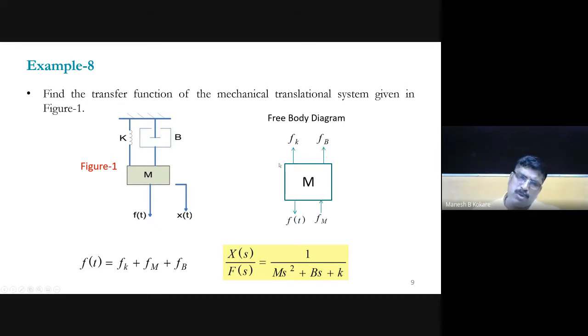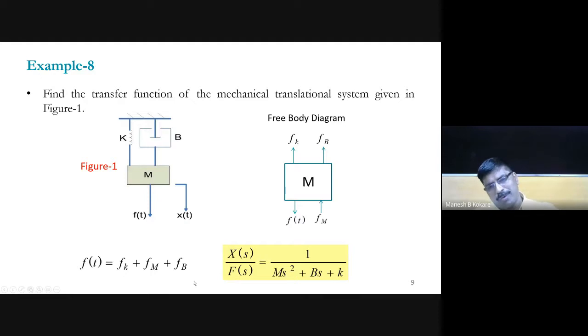So as per the force equilibrium equation, the total applied force F(t) must be equal to the total reactive force, that is Fk plus Fm plus Fb. You know that Fk is associated with K into x(t), Fb is associated with B into dx(t)/dt, and Fm is associated with m into d2x(t)/dt square.